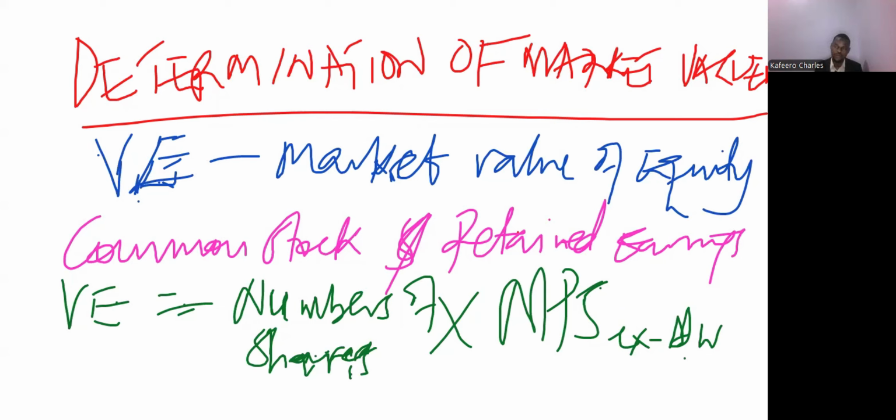But you need to make sure that you find out in the balance sheet whether they have given you what we call the par value. Because if you don't have the par value, then it will be hard for you to get this number of shares. Because we know that number of shares are not always given in the question.